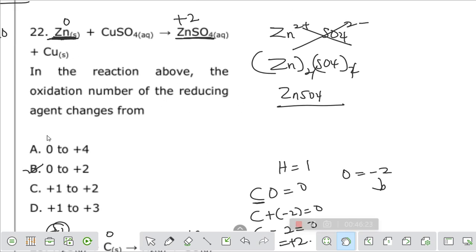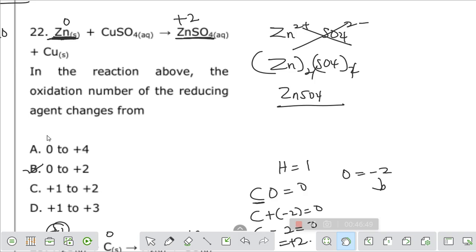Though that name is sometimes confusing, that they call something a reducing agent and its oxidation number is still increasing. The reason they call it a reducing agent is because it will cause the other one to reduce in oxidation number. So that name is not really for itself, right? For example, if they say someone is a marketing agent, that person is marketing for a particular company. He's not marketing for himself.